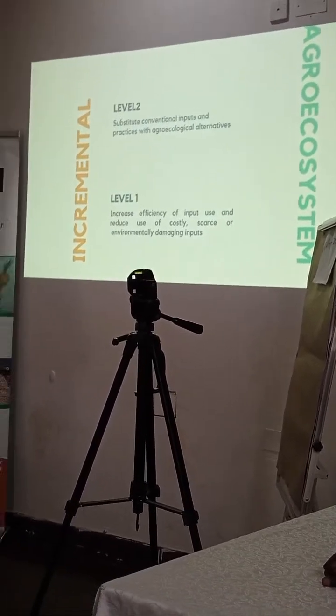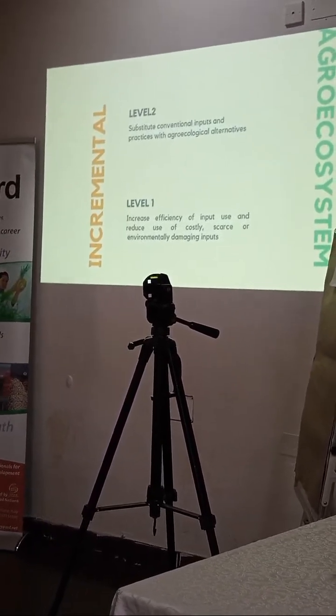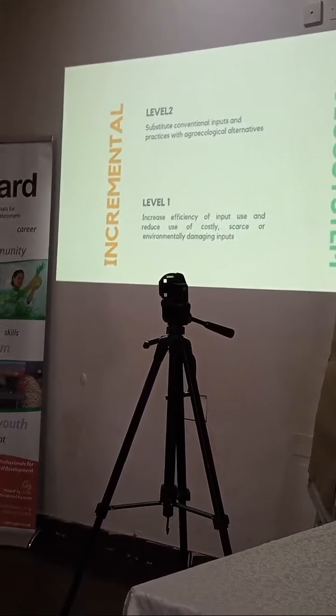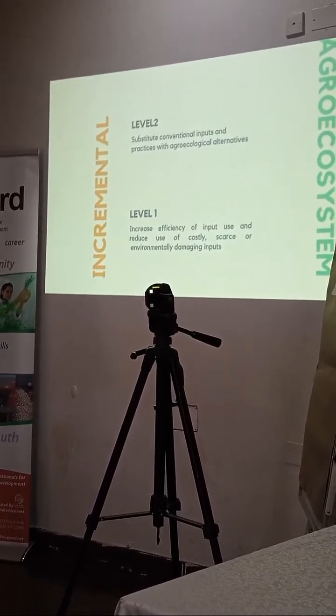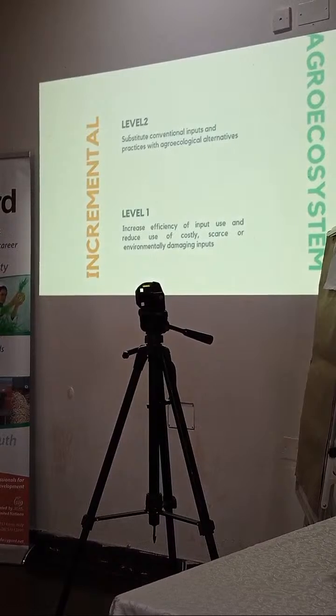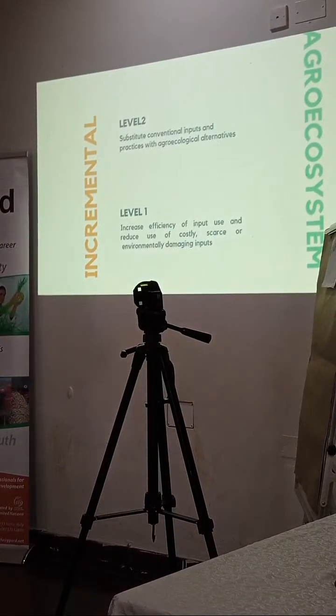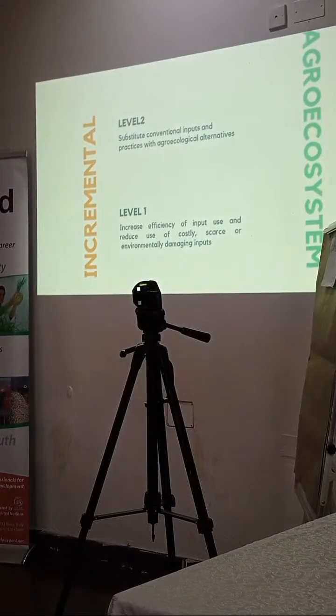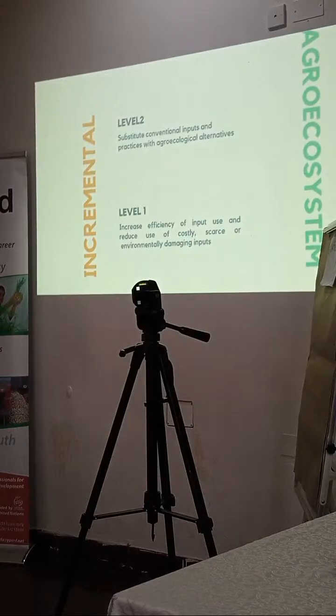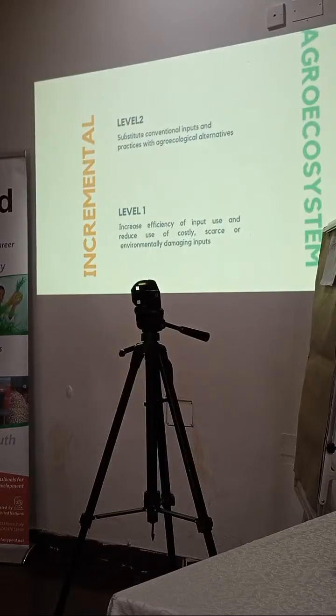Now there, the farm is transitioning. Level two is substitution. That means if your land is dependent on fertilizer, you are substituting the synthetic with what? Organic. Are we together? Because maybe your land has not revived or something like that, and you do the substitution. That is level two.